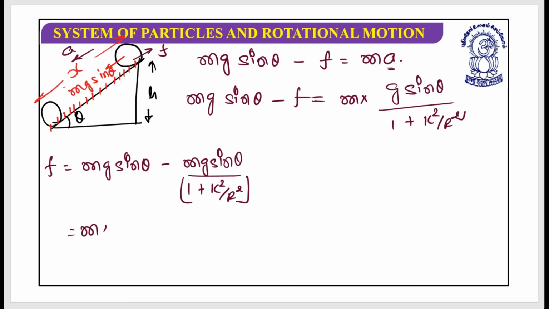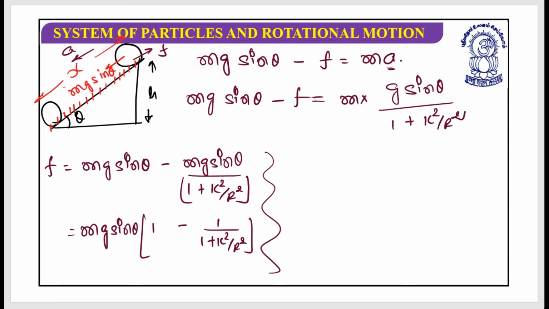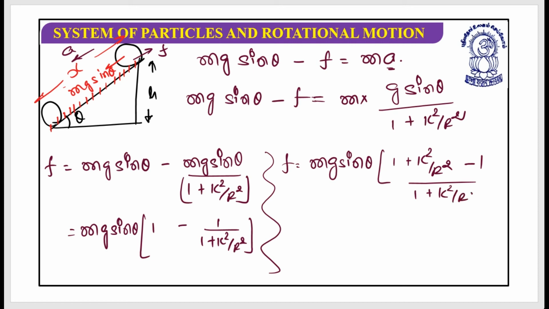This could be written as mg sine theta into the bracket 1 minus 1 by 1 plus k square by r square. This is friction, equal to mg sine theta into the bracket: 1 plus k square by r square minus 1, divided by 1 plus k square by r square.